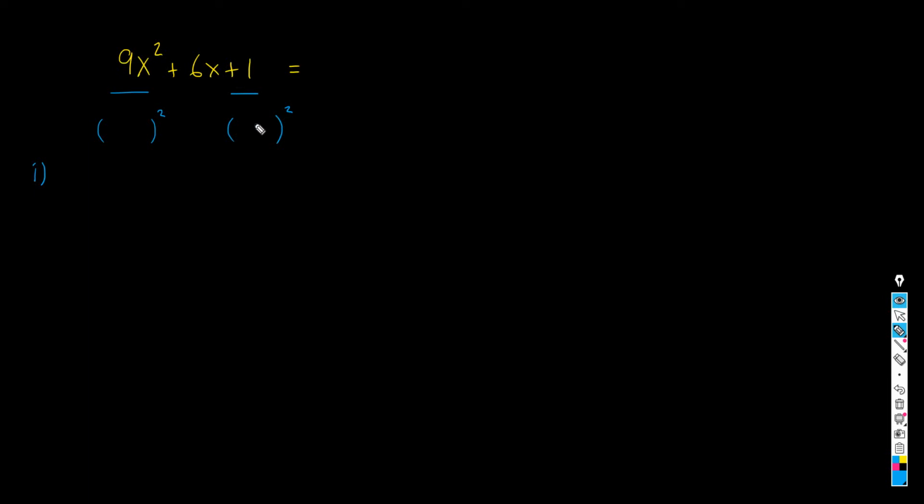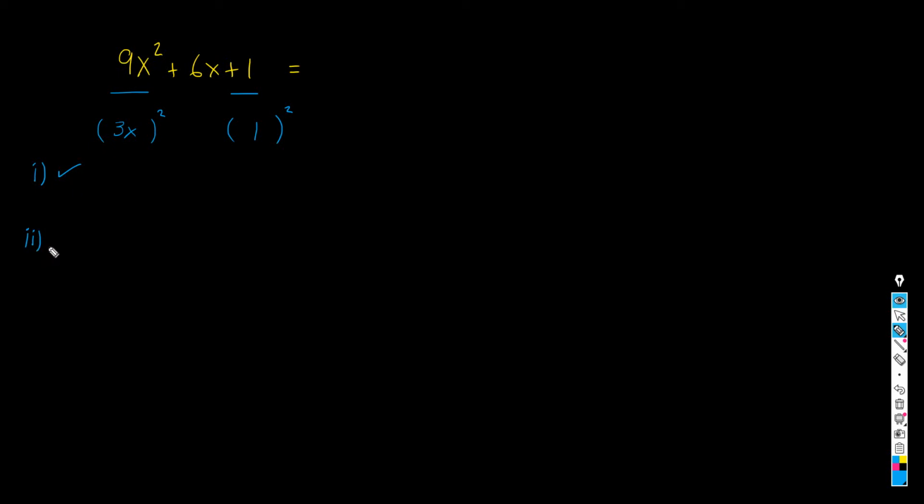Because 1 is the square of itself, right? 1 to the square is equal to 1. So this term checks. Now, what about 9x squared? Can this be written as the square of something? Yes, it's going to be the square of 3x, because 3x to the square is 9x squared. And therefore, my first step is confirmed. That is the first thing you have to make sure.